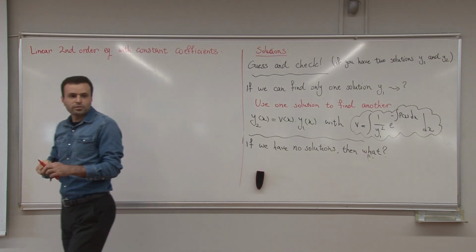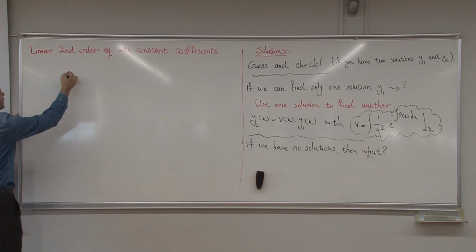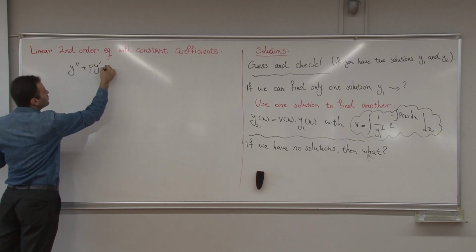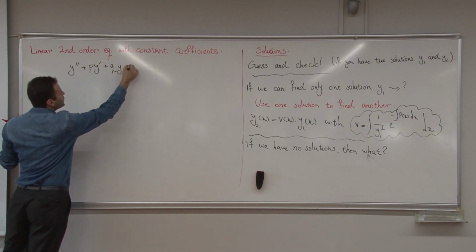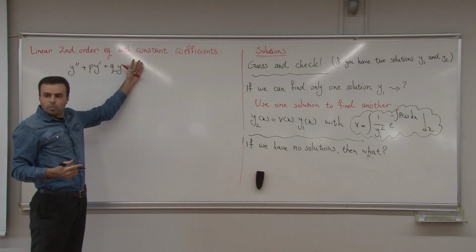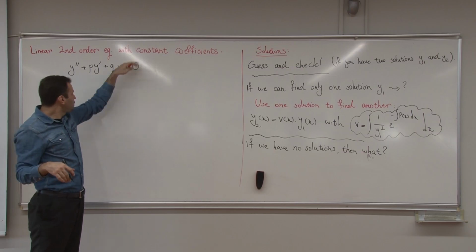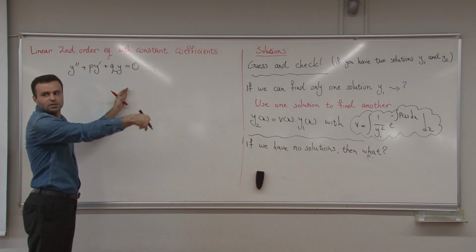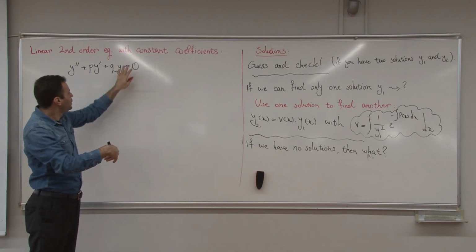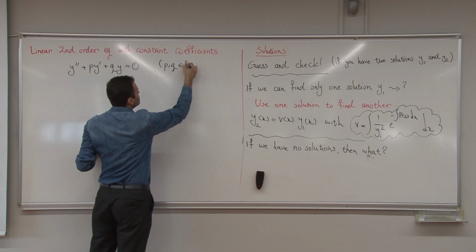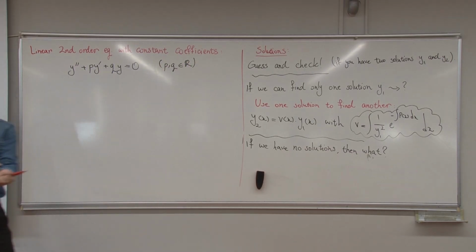What is the general form of this kind of equations? y double prime plus py prime plus qy equals 0. And we're talking about the homogeneous case, because if it was non-homogeneous, I would again reduce it to this homogeneous form, find the general solutions for this, and then look for particular solutions. Anyhow, here our p and q are just some fixed real numbers.